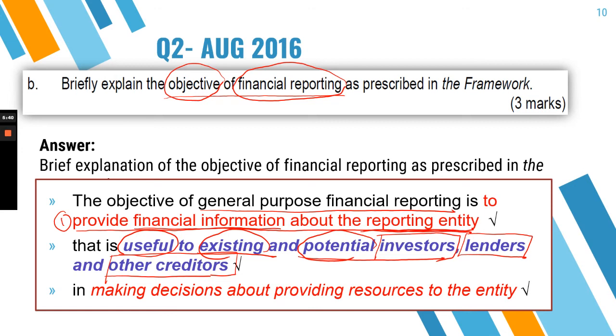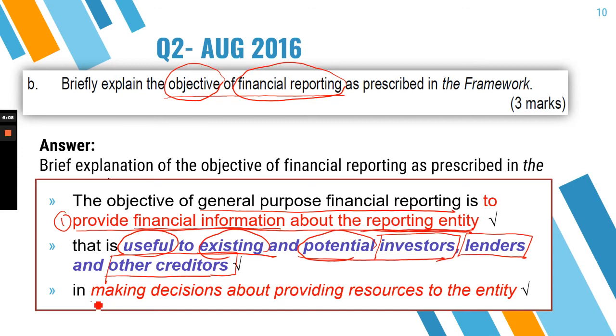However, because it is general purpose financial reporting, it is also meant for other users. But this is not stated in the objective. But somehow the government may use the financial statements. The users, in terms of employees, may be using the financial statements, but our focus is more on the existing and potential investors, lenders, and other creditors.